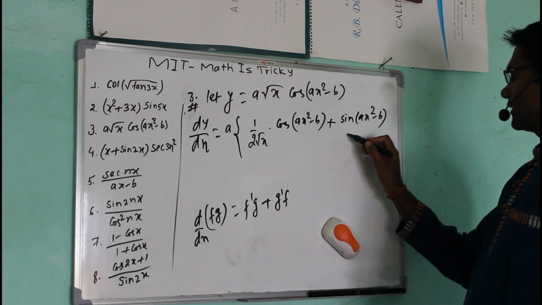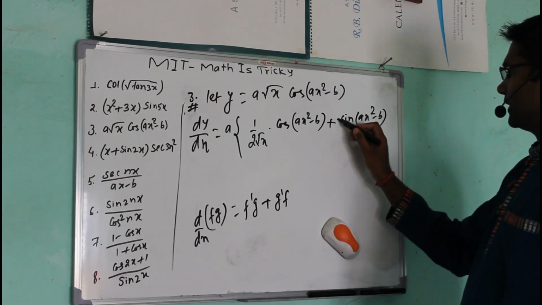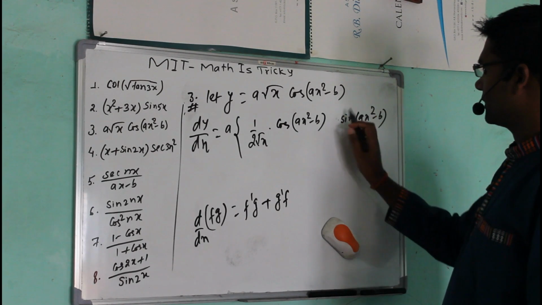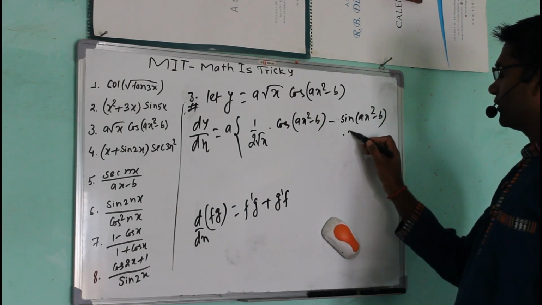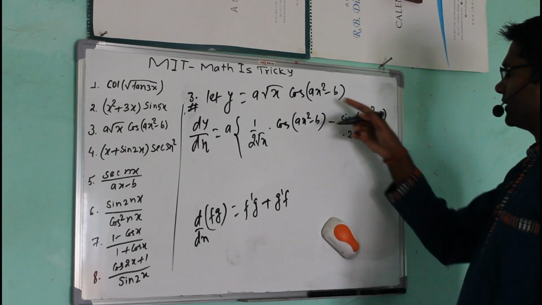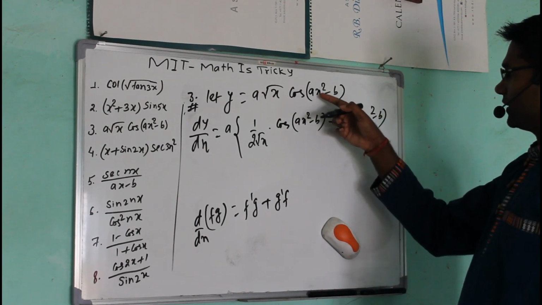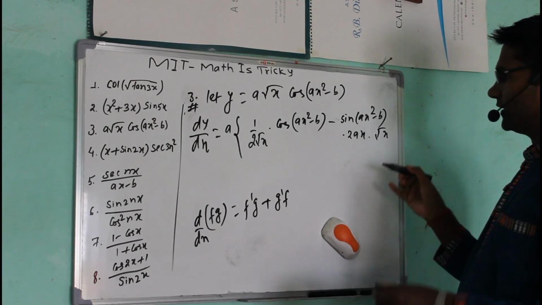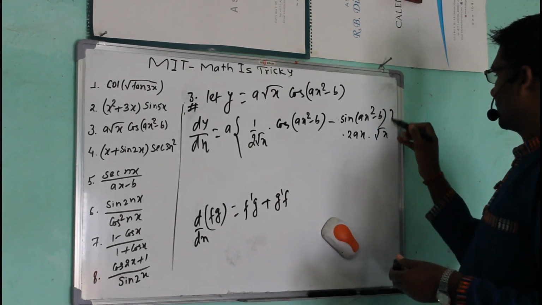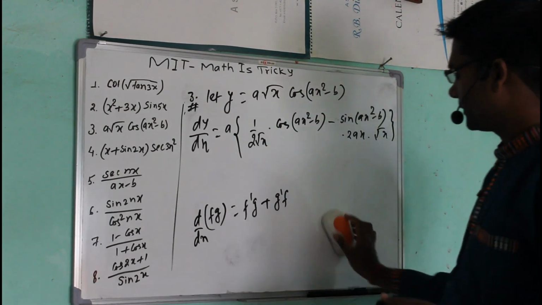Again, derivative of this is minus, so let's write minus here because derivative of cos is minus, into 2ax because derivative of x square is 2x, and then times root x. So just simplify this to get the final answer.